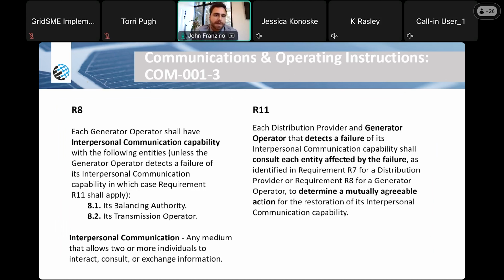And then there needs to be a plan in place, of course, that if there's a failure in the normal interpersonal communication means, there is a secondary way, a backup plan, and an agreeable action to restore the primary method.